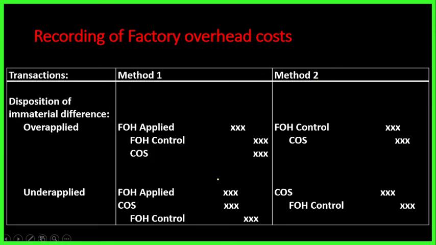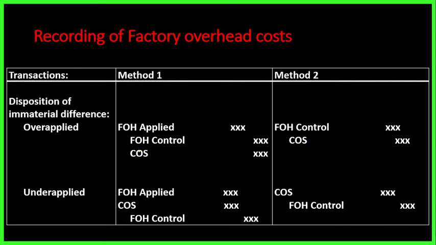Assuming that you already have your actual and applied, and you compute for your over applied and under applied, how do you dispose of them? When we say dispose, how do you close them? It really depends on whether your over or under applied is material or immaterial. If it is immaterial, you can close that directly to your cost of sales.